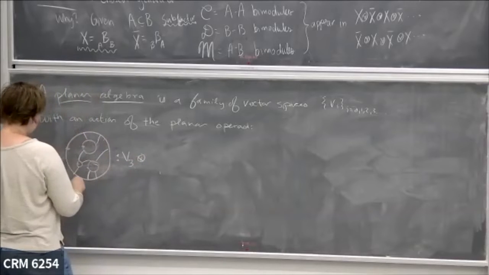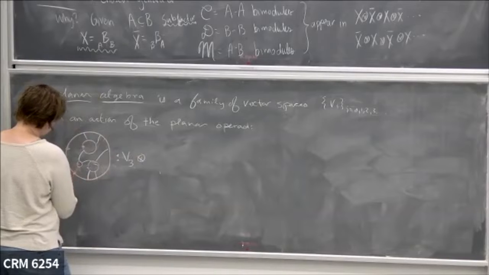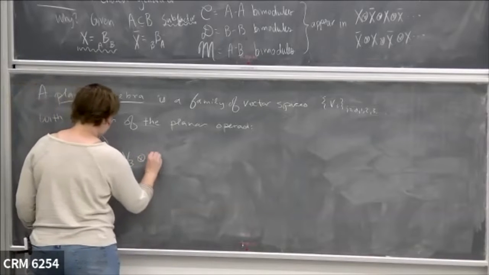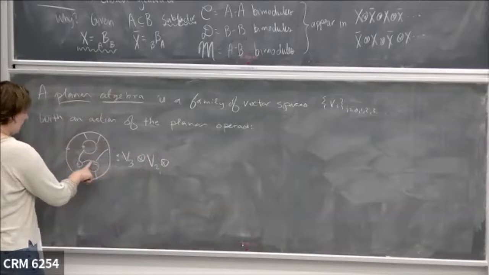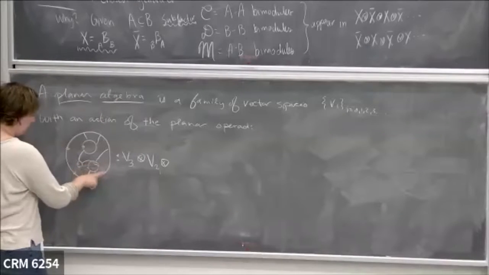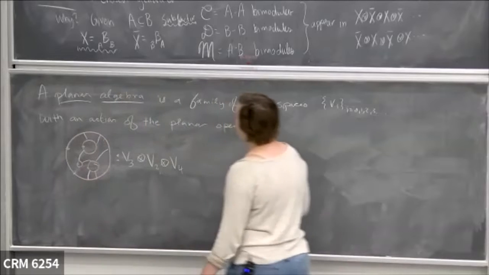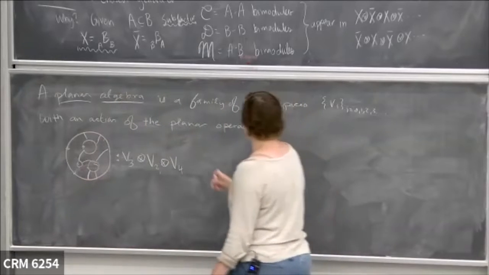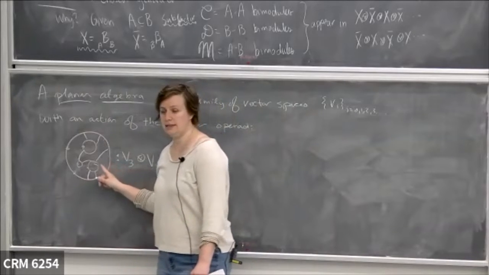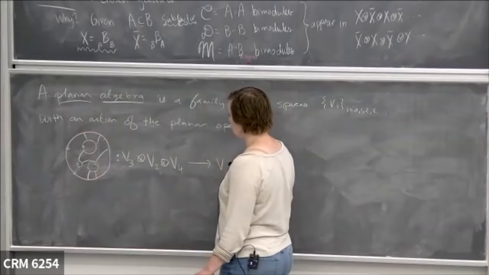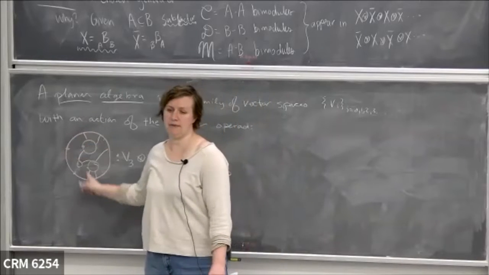My next of these also has, let's erase that one, now it has 2 strings coming into it. So that input should come from V2. And for this inner disk, we have 4 strings coming out, so that should come from V4. The data of the action of the planar operad is how to get a multilinear map with target V5 from this picture.